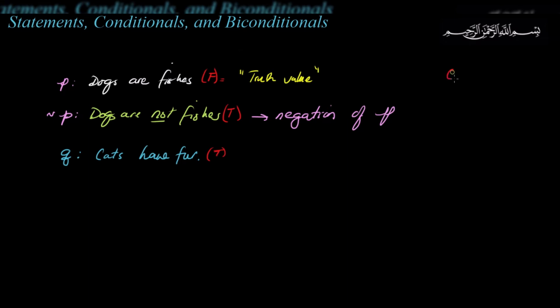A compound statement is when you combine two statements using the word and, or you can combine two statements using the word or. When you combine two statements using the word and, this is called a conjunction.